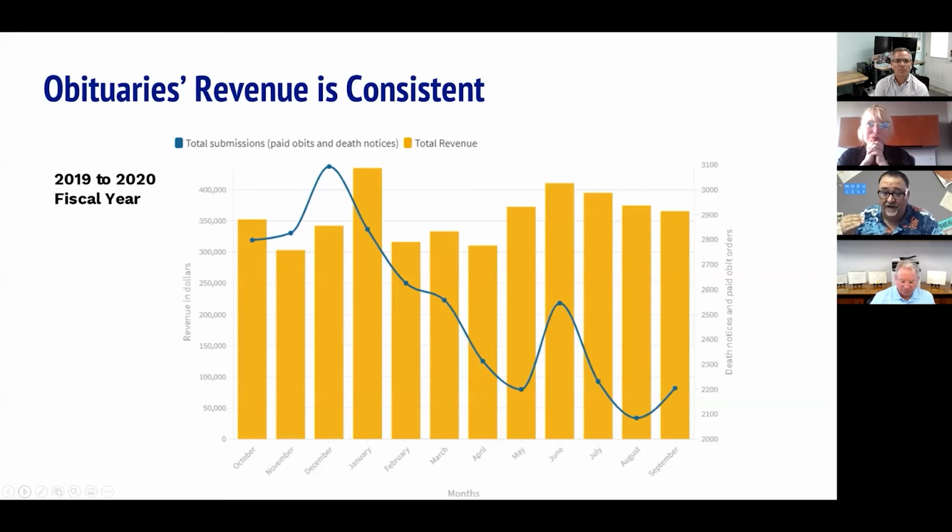So even though we're processing fewer orders, revenue has stayed the same. And again, I include this slide because it's a healthy reminder that this is stable content that delivers stable revenue throughout your fiscal year. Next slide.